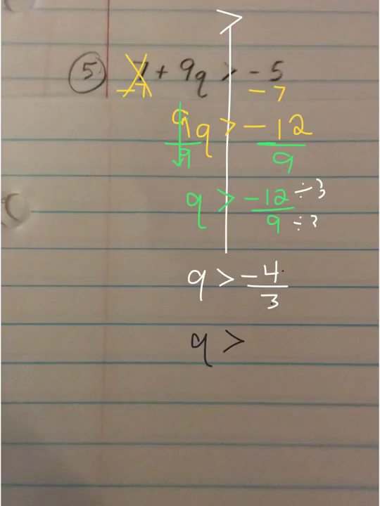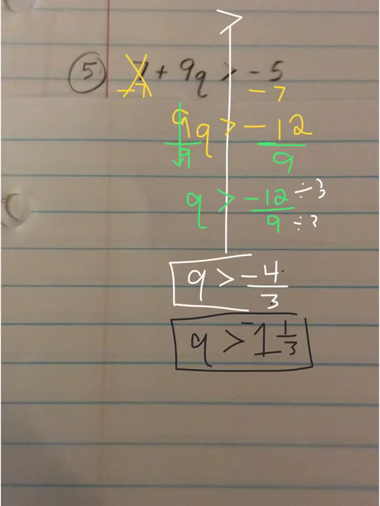That 3 goes into 4 one whole time with 1 left over out of the thirds, and that's negative 1 and 1 third. This could be an answer too. You could keep that as an answer, or you could keep this as an answer. It's just not reduced. But these right here all mean the same thing.